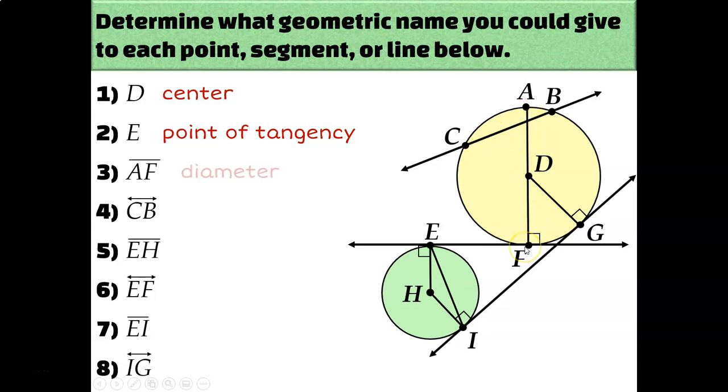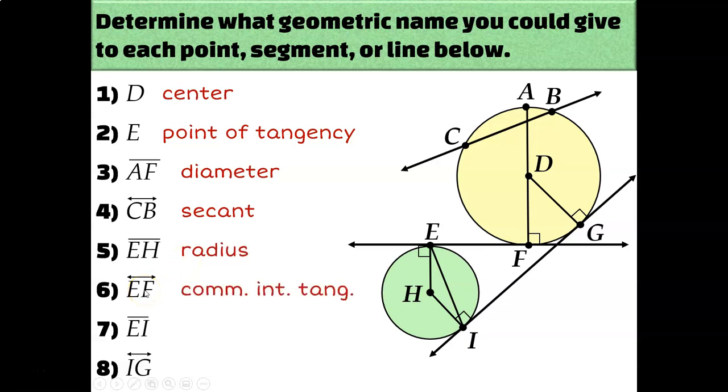Segment AF is a diameter because it connects 2 points on the circle and passes through the center. CB is a line. You can tell that it's a line because of the symbol that's on top of the letters. So it connects 2 points on the circle and extends infinitely outside of the circle. We would call that a secant. EH connects a point on the circle to the center of the circle. We call that a radius.